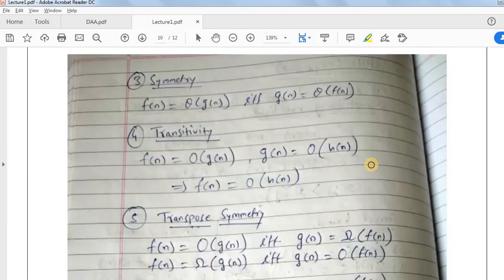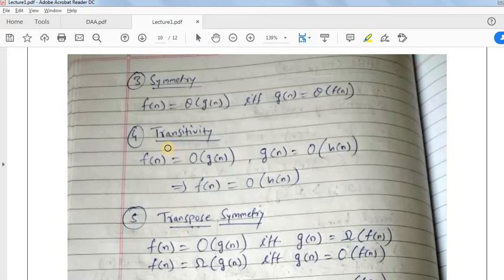Third property, symmetry. If we have two functions f of n and g of n related using theta notation in the manner f of n is equal to theta g of n, it can exist if and only if g of n is equal to theta f of n. That means if f of n is equal to g of n, g of n has to be equal to f of n. The fourth property, transitivity.